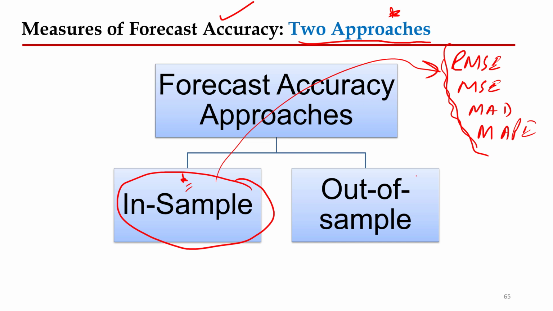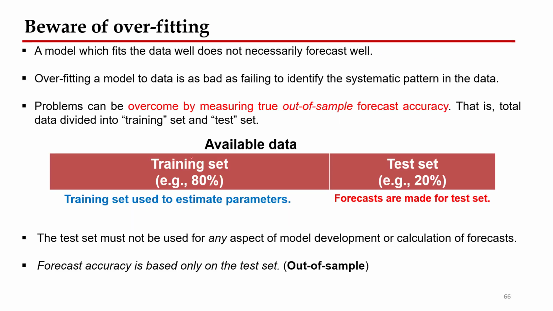There is another method, called out-of-sample forecast errors. If you select the best forecasting method using in-sample data, remember that a model which fits the data well does not necessarily give us the best forecast.